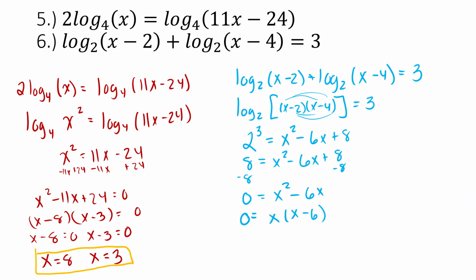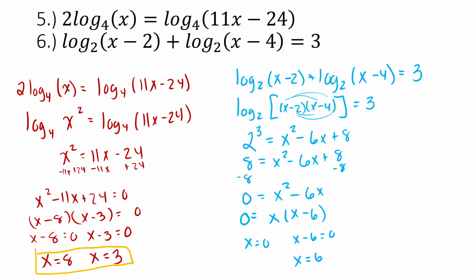But I have seen students do x minus 0, x minus 6, which would get you to the same spot. Totally fine. So x itself could be 0, or x minus 6 is 0, add 6 to both sides. So my two candidates there are x equals 0 and x equals 6.